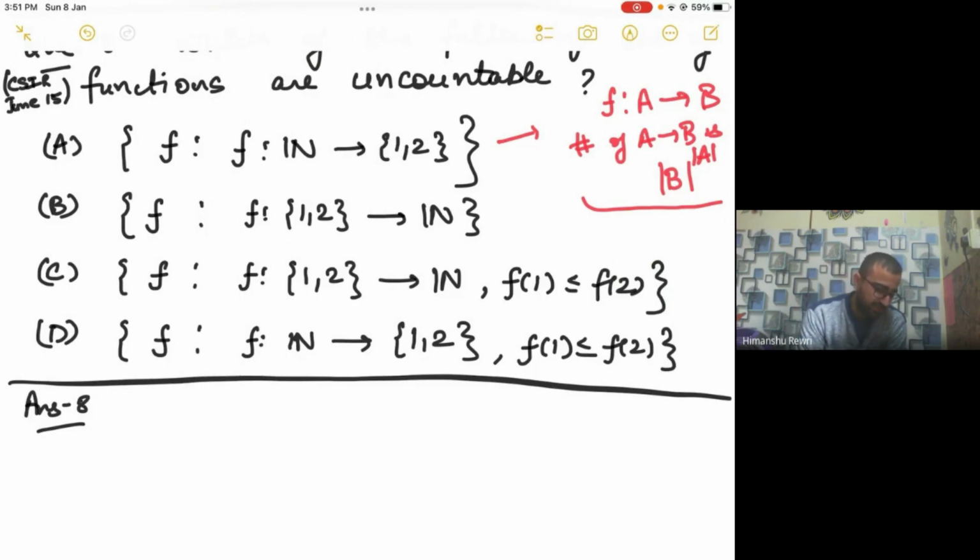So if you know this, then option A is correct.